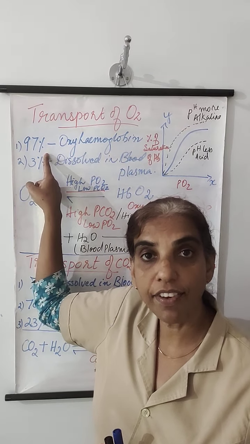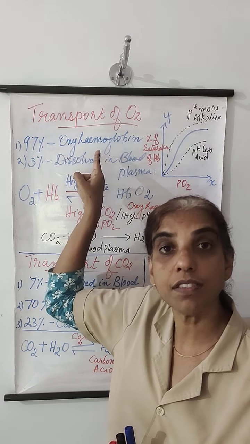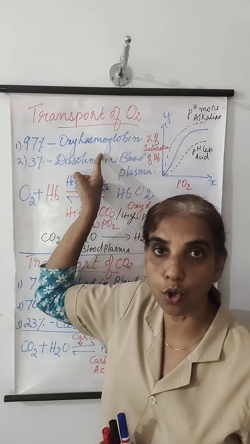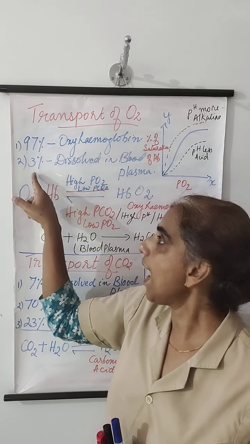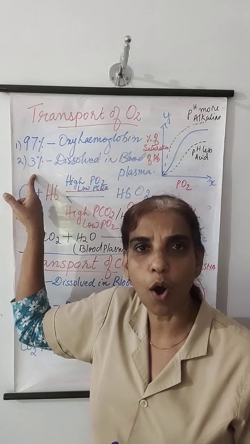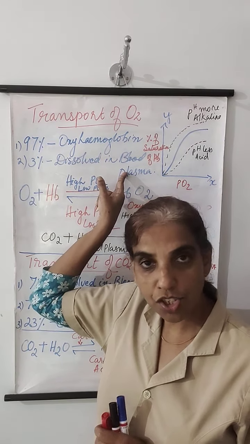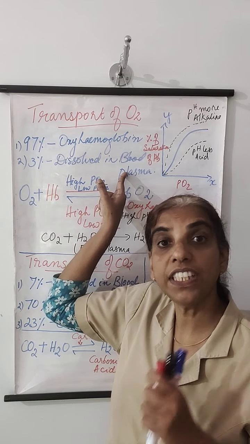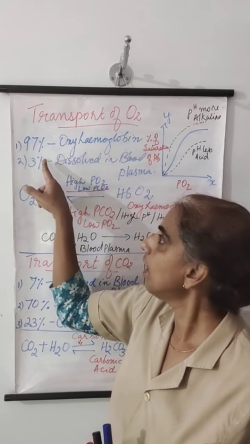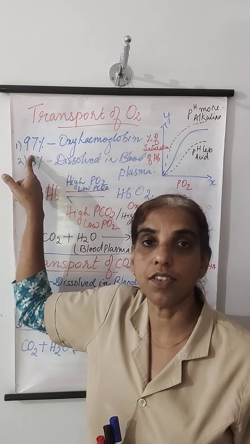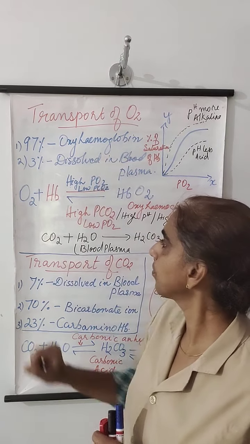Around 97% of oxygen is transported through this respiratory pigment hemoglobin in the form of oxyhemoglobin, and the rest, a very minimal amount, only 3%, is transported in the form of dissolved oxygen in blood plasma. Let us go for the first transport technique, in the form of oxyhemoglobin.